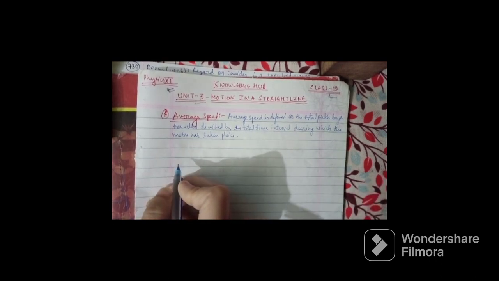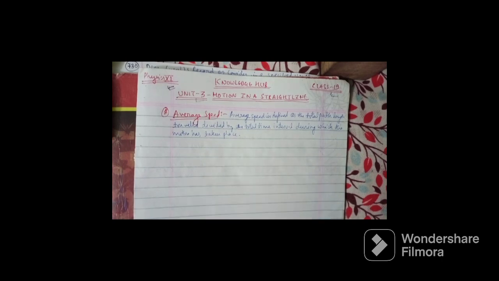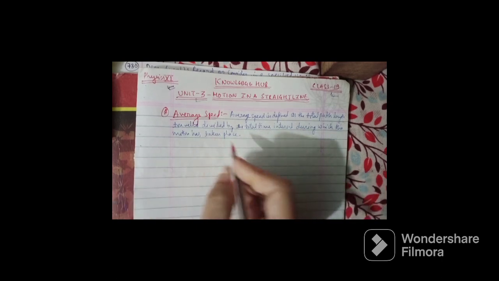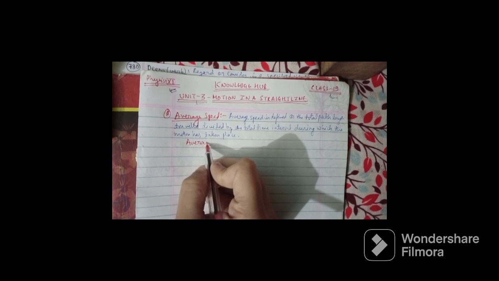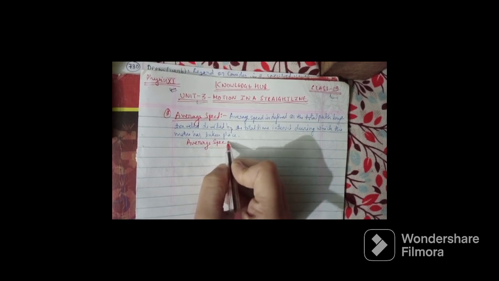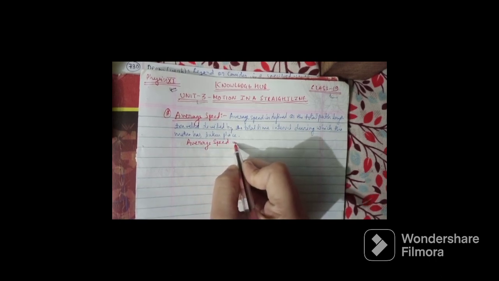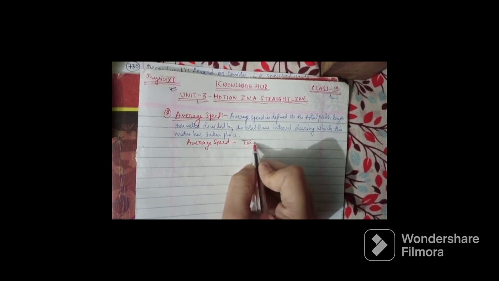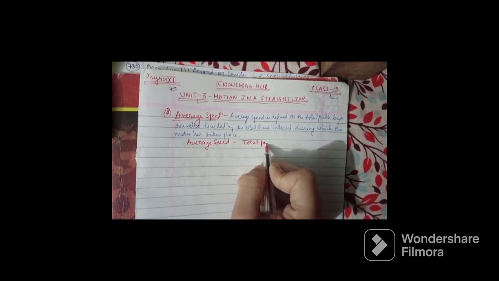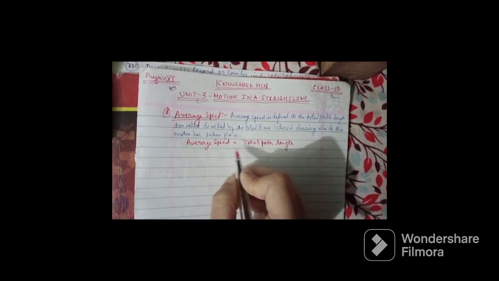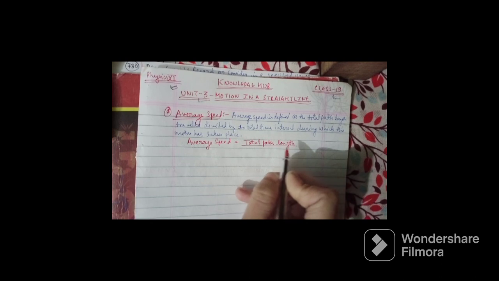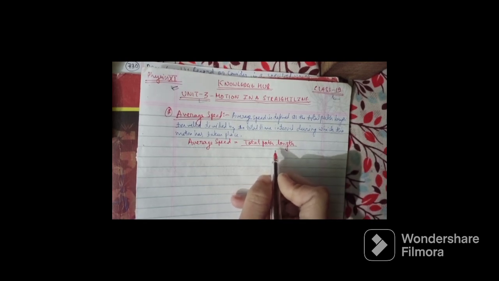So average speed that we'll be writing here equals total path length upon total time interval.